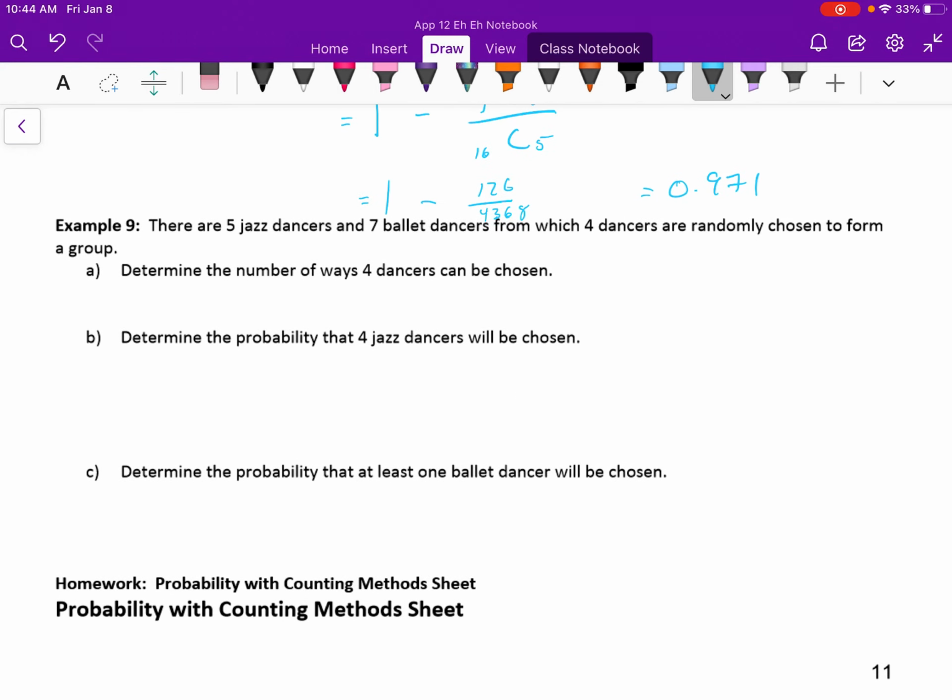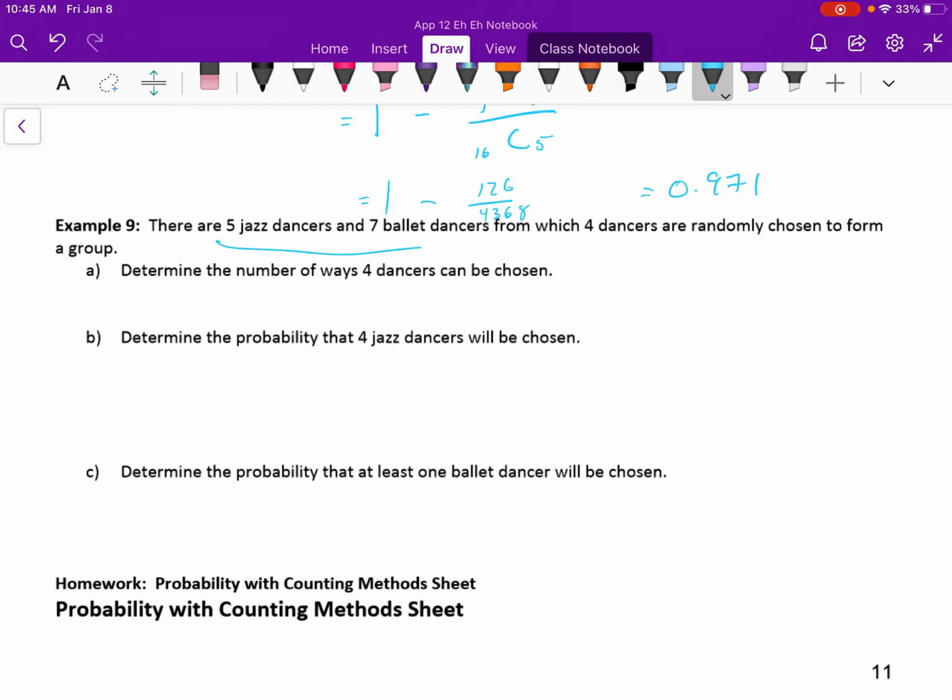All right. Last example. You've really muscled it out over the last little bit here. There are 5 jazz dancers and 7 ballet dancers, from which 4 dancers are chosen at random to form a group. Now, the number of ways 4 dancers can be chosen.